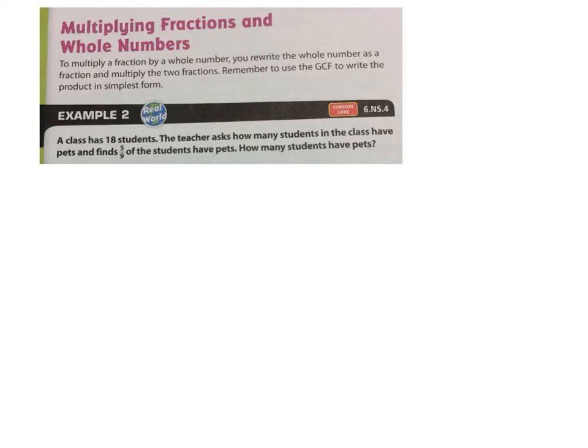So here we have a word problem that we need to solve. But before we do that, I want to make the point that there's a class of 18 students. So if you have the number 18, any integer, negative number or whole number, or its opposite, can be made a fraction.